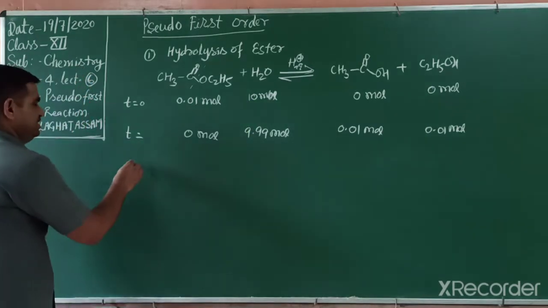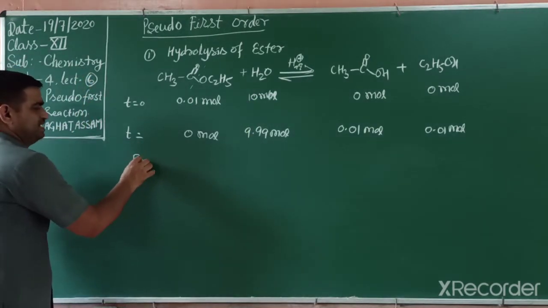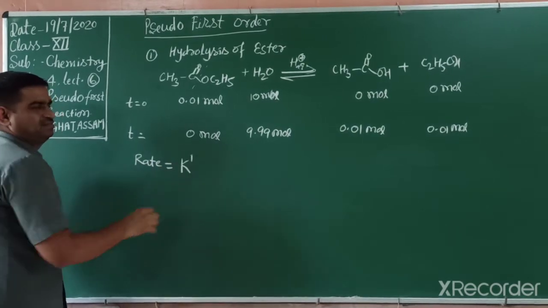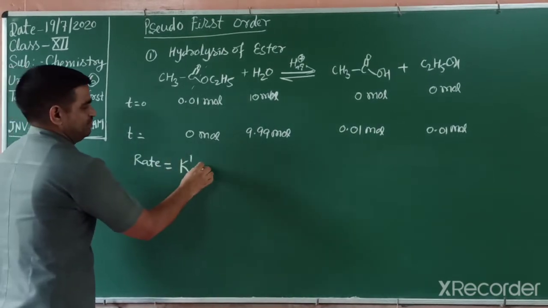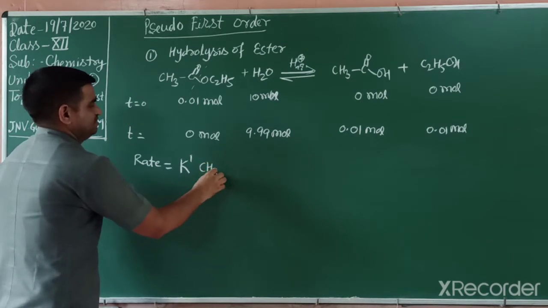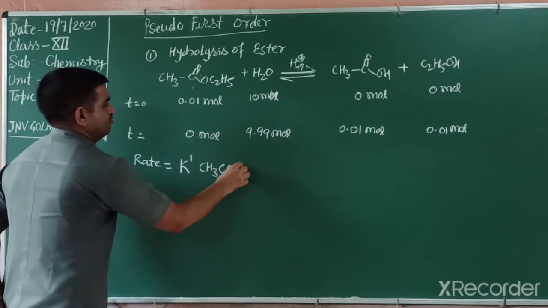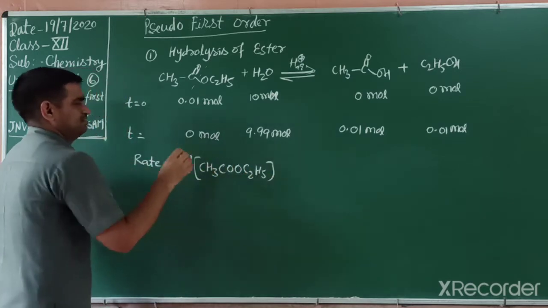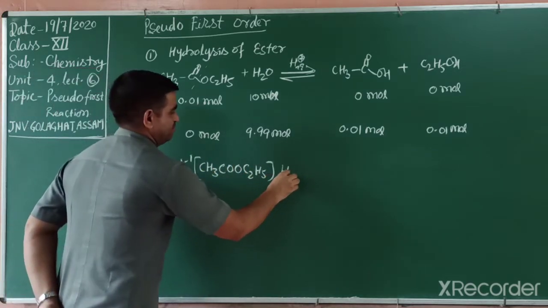So how can we write its rate law? Rate is given by K dash, concentration of ester CH3COOC2H5, we can write in this way, and concentration of water.